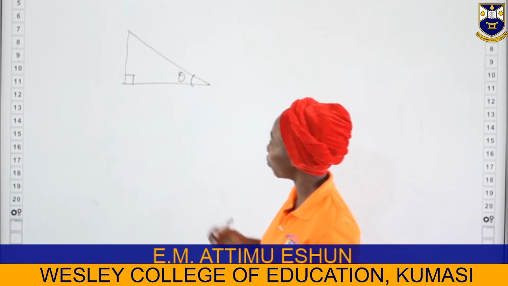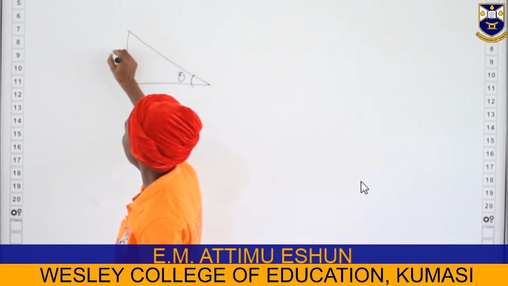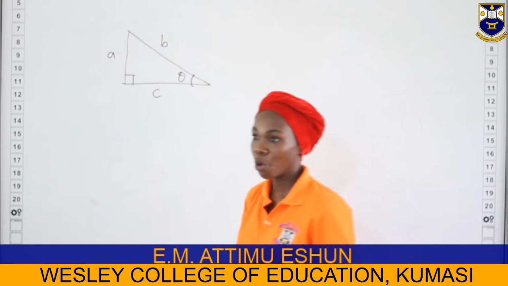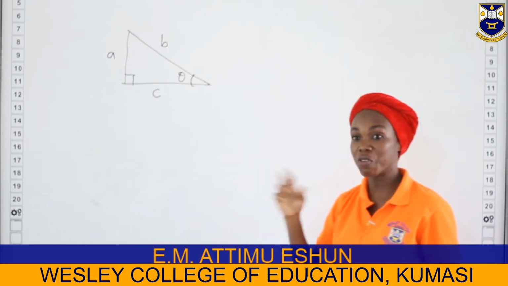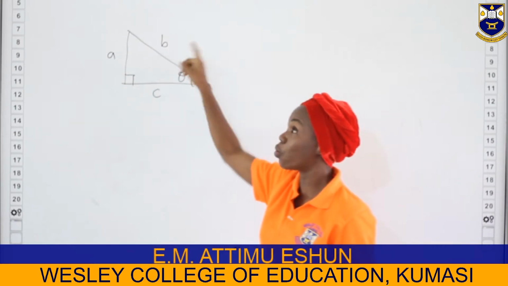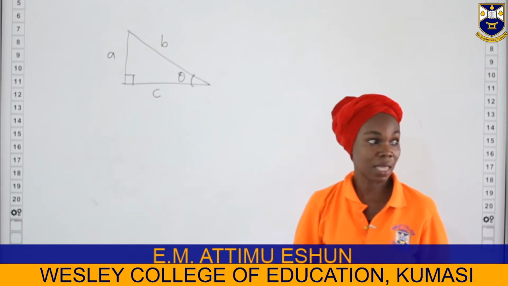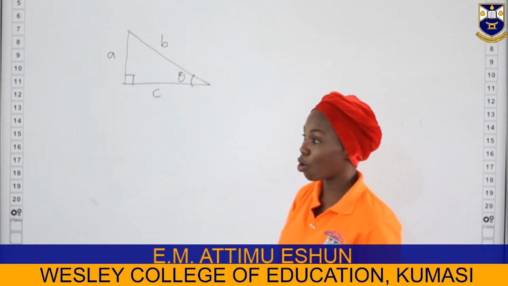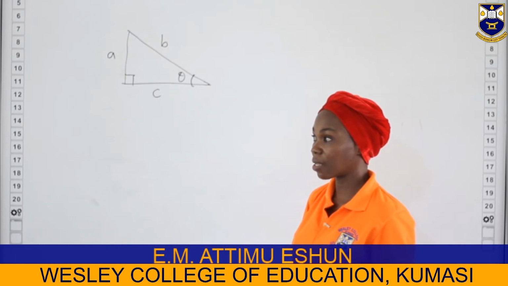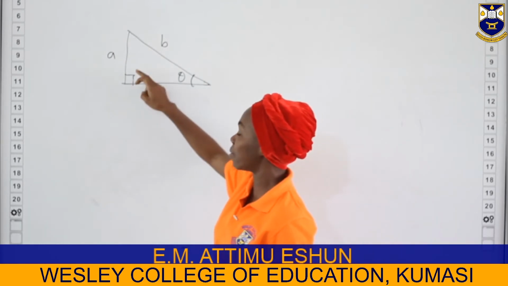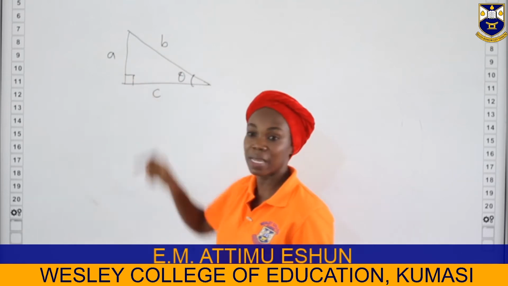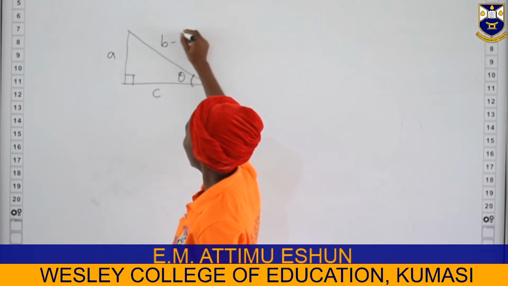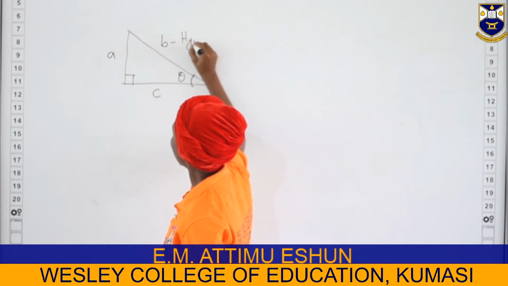For example, if we label our sides A, B, and C, we can name all the sides. From our previous lesson, we realized that there's only one side we can name. That was with reference to Pythagoras' theorem. And that is the longest side of a right angle triangle, or the side that is facing the 90-degree angle. And that side is known as the hypotenuse.